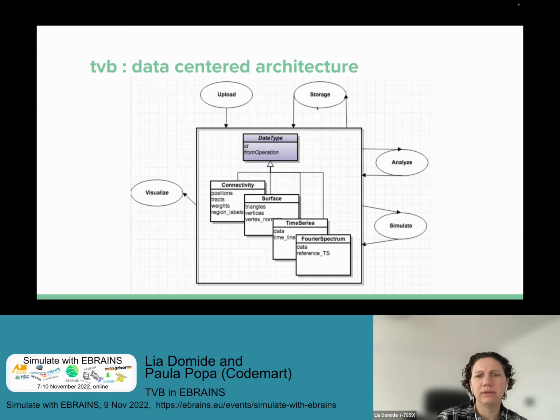And this one can be later on stored, visualized, or exported into some formats. But by implementing this architecture, we separate the analyzers and the simulator. They don't need to depend on one another. They just need to speak the same language, and the language is the language of our data types.